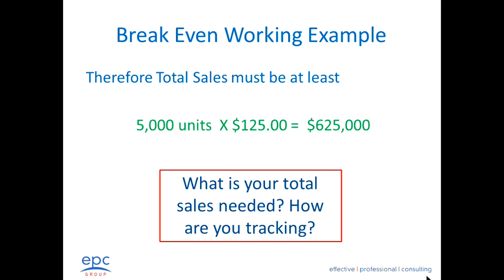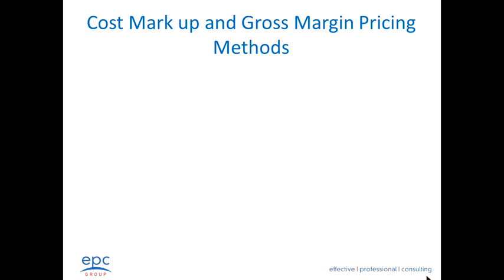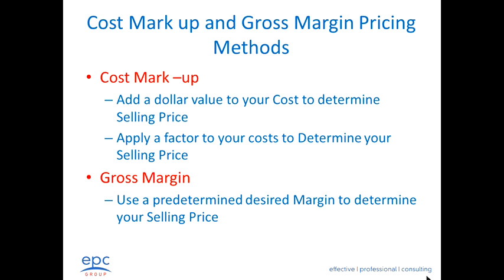Take that $625,000 and divide that by 260, then that means that you need to be selling $2,403.85 a day. All of a sudden, it becomes a much more manageable number to communicate and understand on a daily basis, that you can measure your staff against, for those of you that have staff or salespeople. You know what number you need to make on a daily basis to recover enough to break even. Next slide.